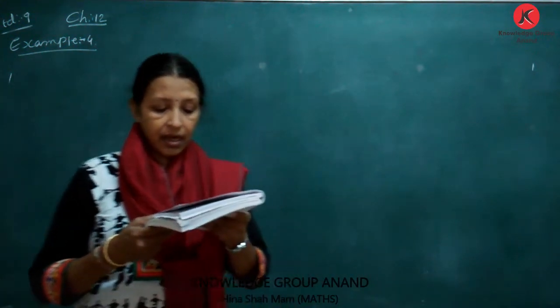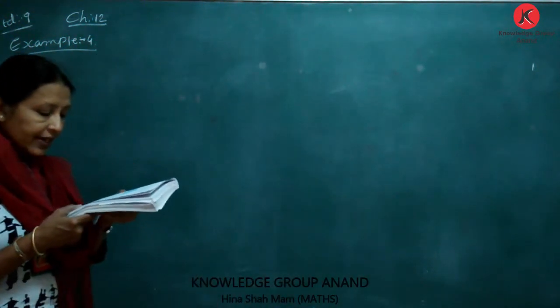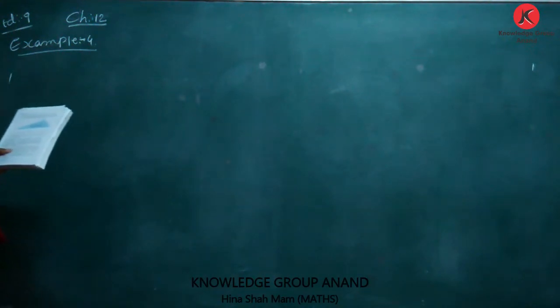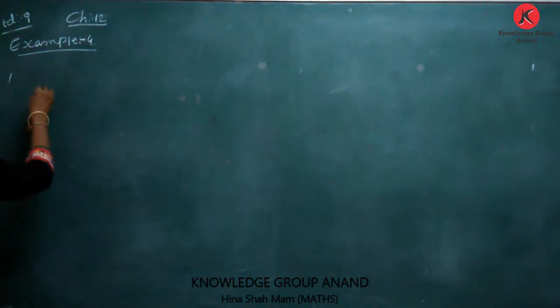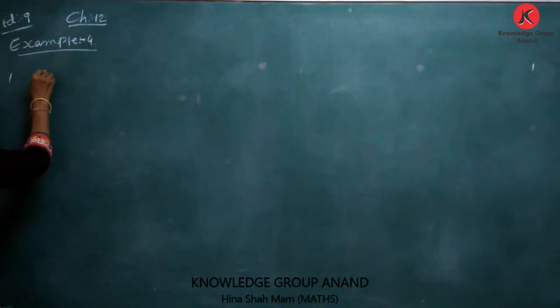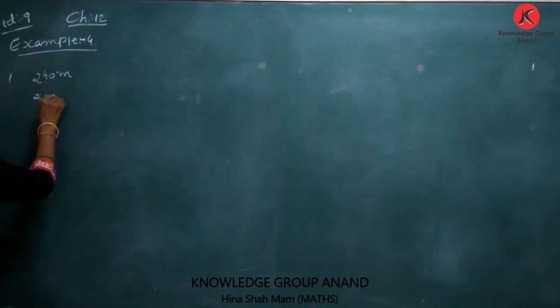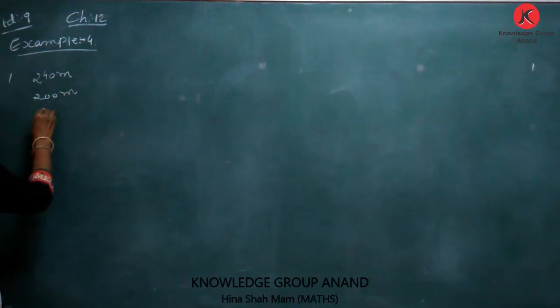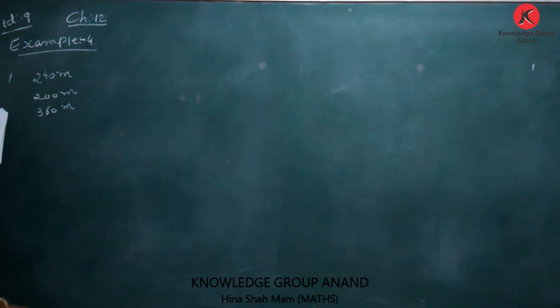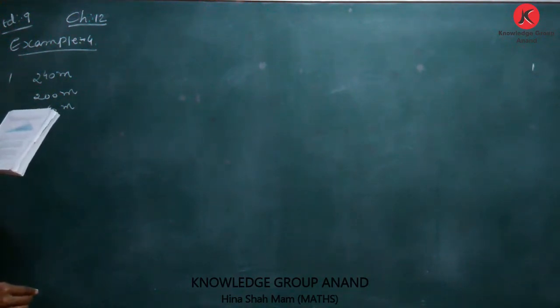Kamla has a triangular field with sides 240 meter, 200 meter and 360 meter, where she grew wheat.